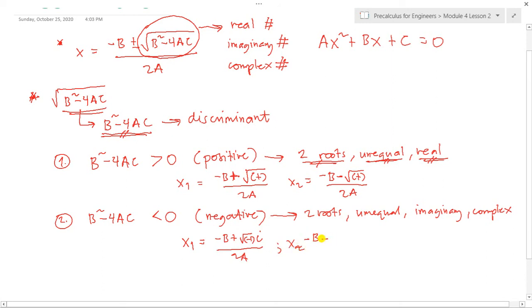So therefore, both are not equal, then square root of negative number, or i, all over 2a. So unequal pa rin. Unequal pa rin sila.